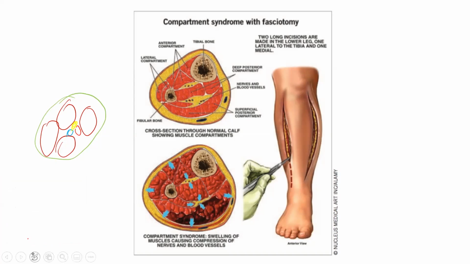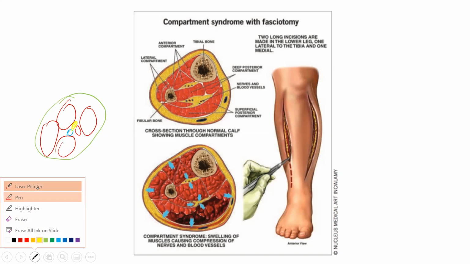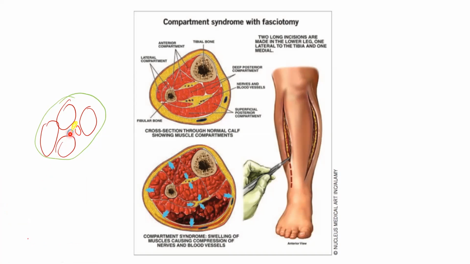So these veins will get compressed first, and it will cause impaired blood drainage and will cause blood to accumulate in these areas and cause further swelling. And it will cause ischemia, that is impaired blood supply to the nerves, and will cause pain, right? It will damage these nerves and cause pain.